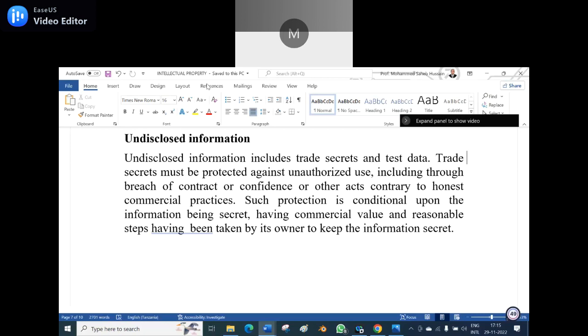So trade secrets and test data: if any test data are concerned, that will be undisclosed information. Trade secrets must be protected against unauthorized use. No one should get to know the trade secret, because some secrets are very costly.